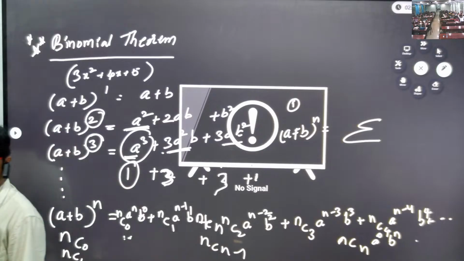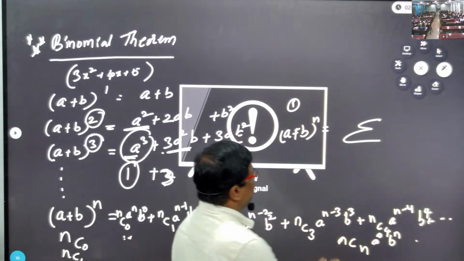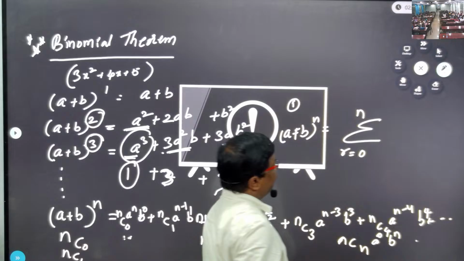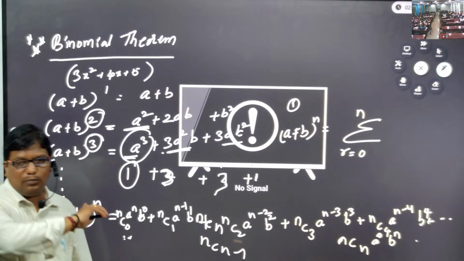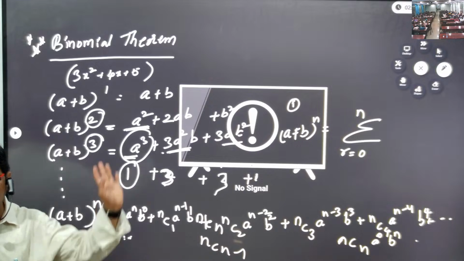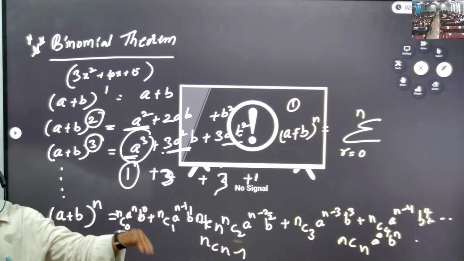You tell me, based on your understanding, what is the value that is going to be decreasing, what is the value that is going to be increasing. If I am taking one constant r is equal to 0 to n, (A plus B) whole power n, now tell me how the values are decreasing and increasing.